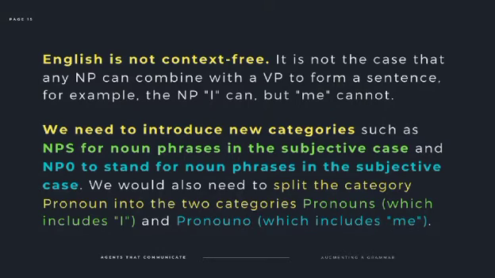So we also need to split the category pronoun into two categories. The first is the pronoun S, which includes I, and the pronoun O, which includes me. That stands for the pronoun singular form or the subjective, and the pronoun O, which is the objective or the accusative case, which includes me.